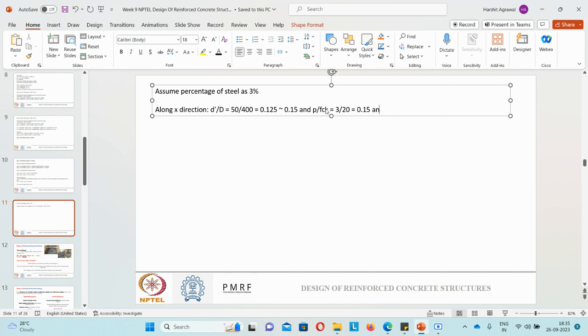And I know Pu by fck bD also. So Pu by fck bD is 1000 into 1000, to convert kilonewton into Newton, divided by 20 into 300 into 400. So this value will come out to be 0.42.